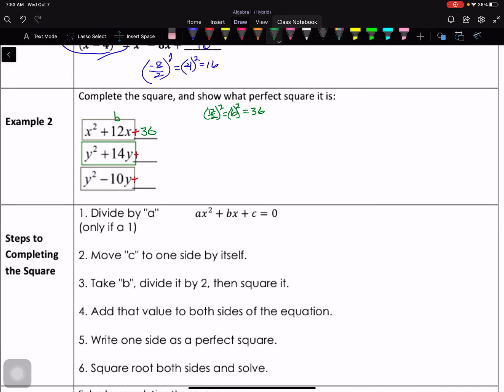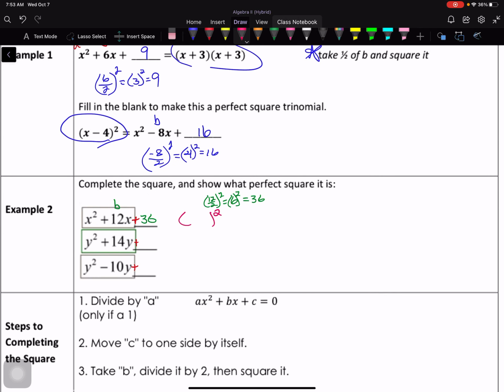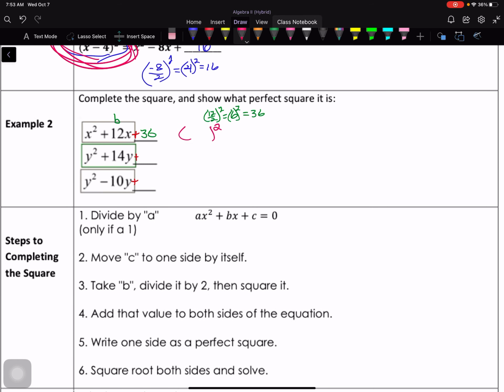Then it asks what is the perfect square. Here I'll jump right into the shortcut. We want it to look like this. You always start with whatever variable you have, in this case x, then your first sign, plus, and then half of b again, which was 6. Boom, that's it.